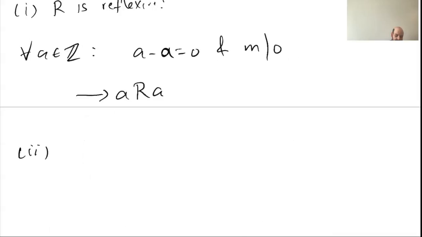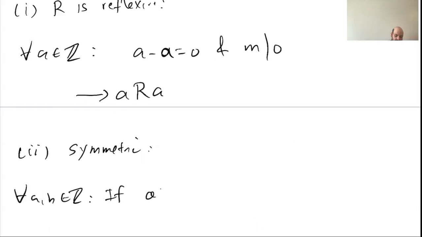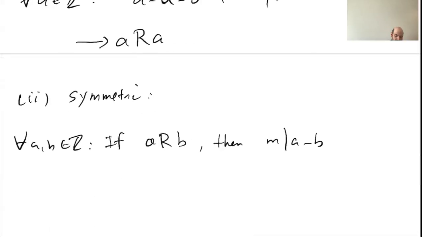And the second part, symmetric. For every A and B in Z, if A R B, then we can say that M divides A minus B, and then this implies that M divides B minus A as well.